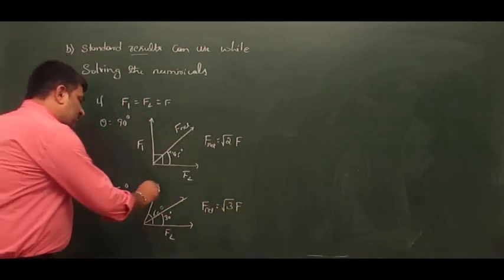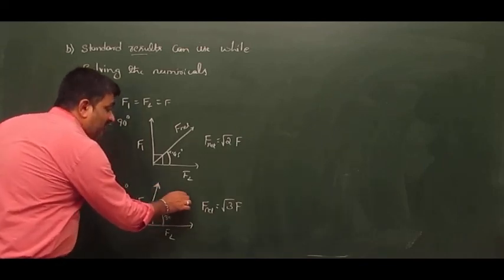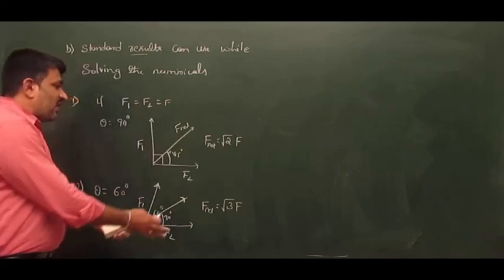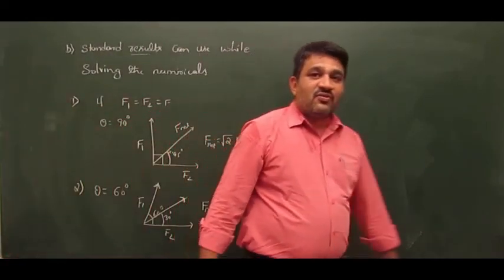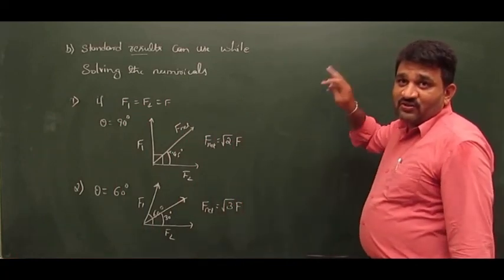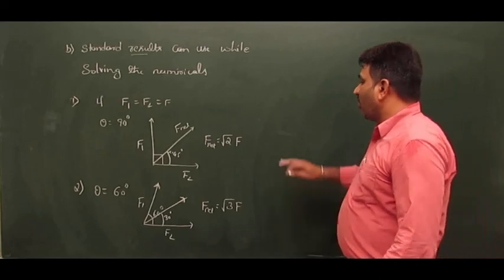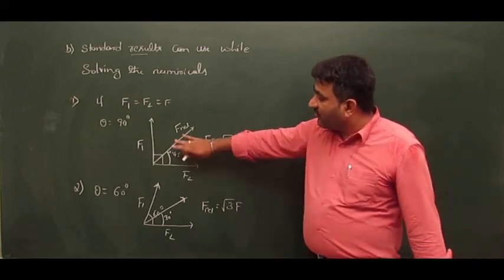See here, if we often use these formulas, then only we can remember them while solving the problems. Otherwise, we have to start from the initial formula, that is F net is equal to the square root of F1 square plus F2 square plus 2 into F1 into F2 cos theta. Otherwise, we can directly substitute when the two forces are the same.